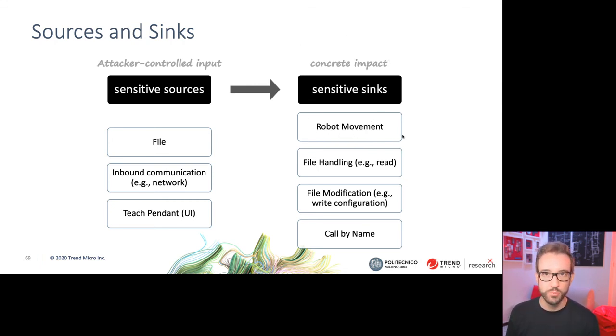For instance, robot movement is an example of a sensitive sink, because if an attacker can craft a file that specifies how the robot can move, then the attacker has compromised how the process is supposed to work. Similar goes for file handling operations, or most importantly, the call by name functionality, which is the function pointer equivalent in these languages.